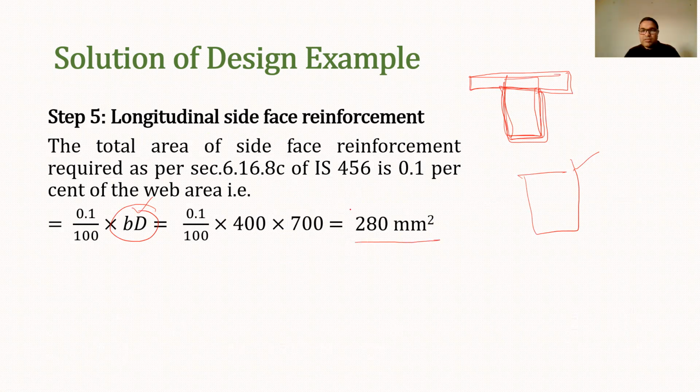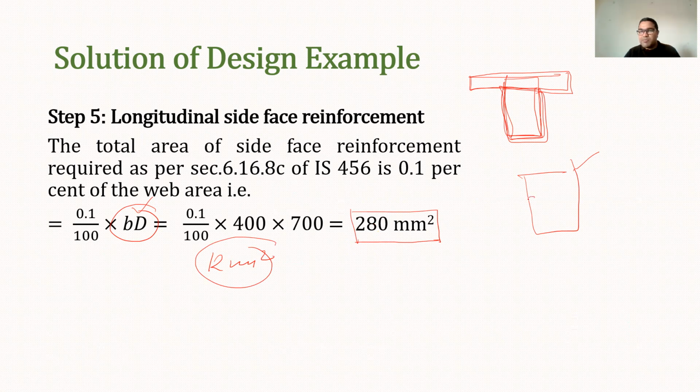So this area should be divided into the number of bars. Now for that, if we assume say 12 mm dia bar, we have to provide equal number of bars on each face.